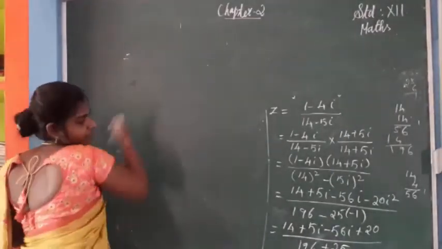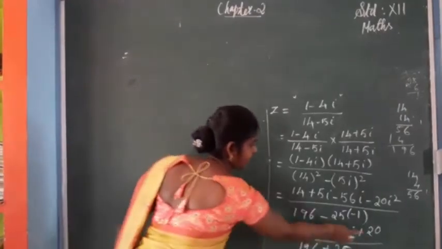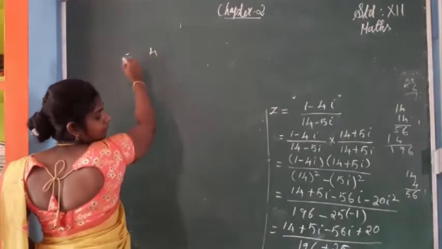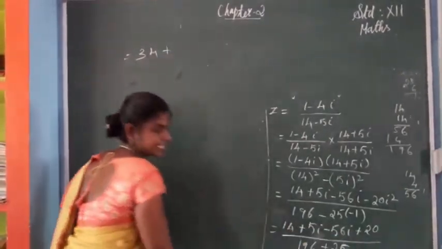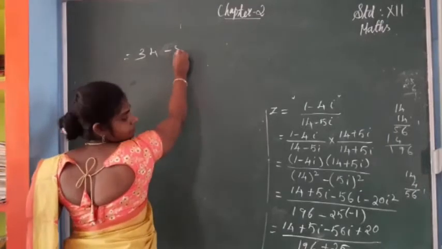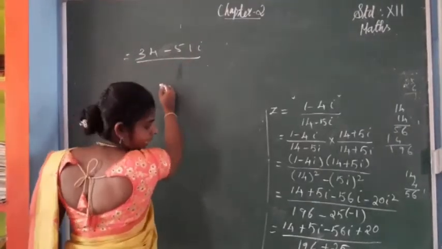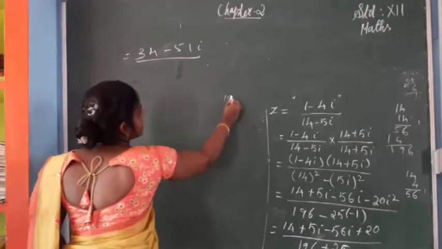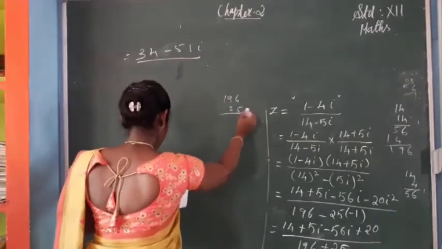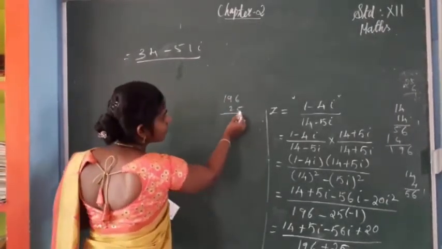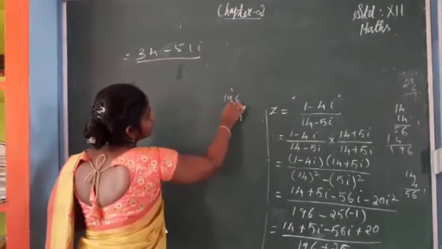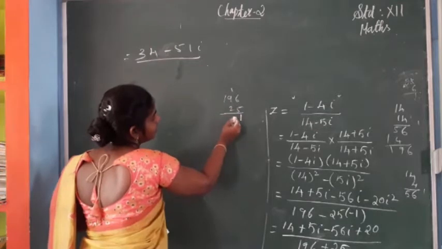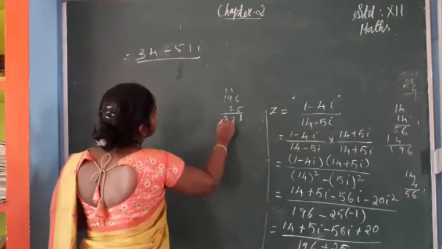That's equal to 14 plus 6, what is the value? 34 plus 5 minus 56 value, minus 51i, divided by 196 plus 25, this is the value, 221.